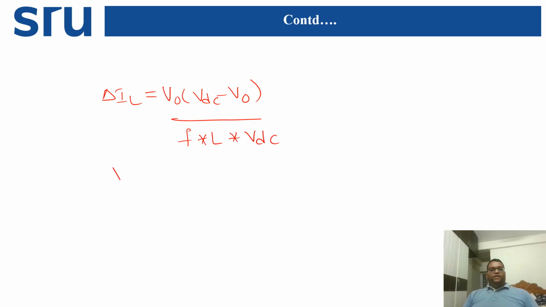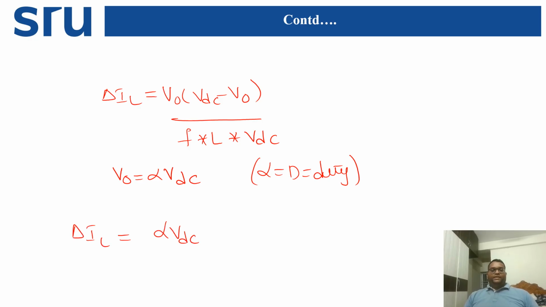Here V naught is equal to alpha times VDC, where alpha, or D, is the duty value. When we substitute this value into delta IL, V naught is alpha times VDC.